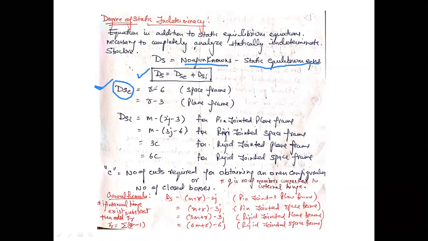R is the number of reactions, and 6 is the number of equilibrium conditions. For a space frame, I already told you the number of equilibrium equations will be 6, and for a plane frame, the number of equilibrium equations will be 3.